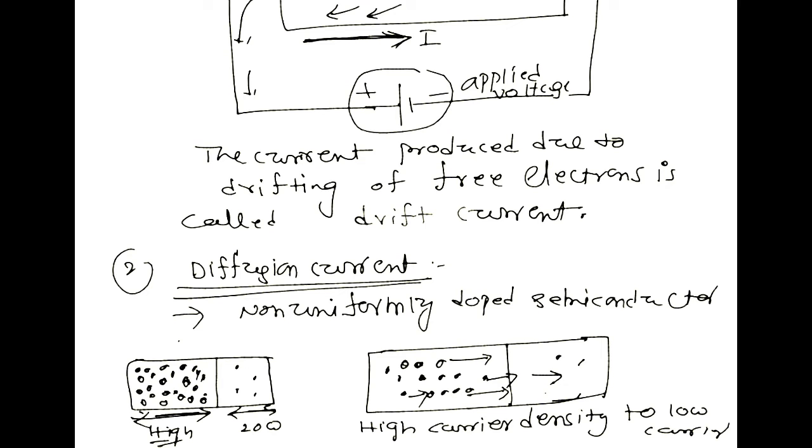This movement of electrons causes some current, which is called diffusion current.